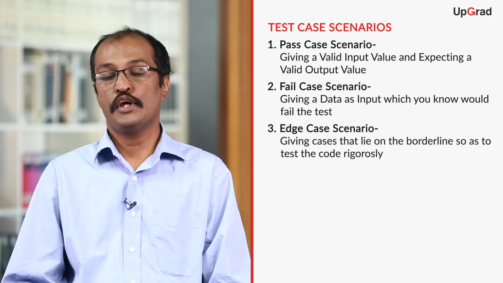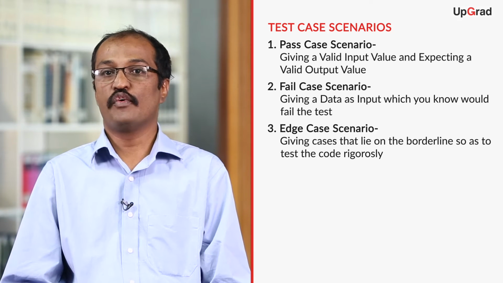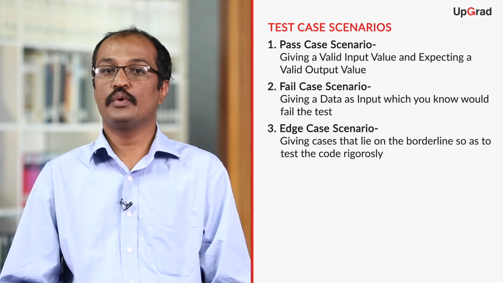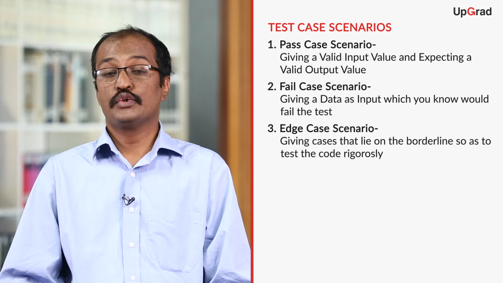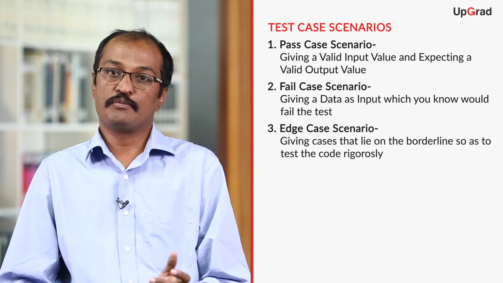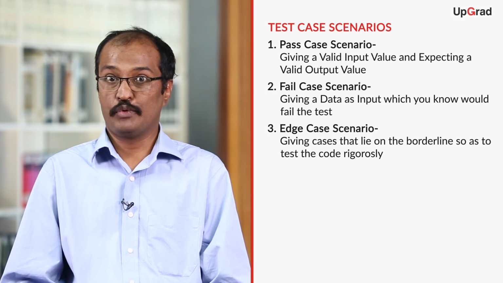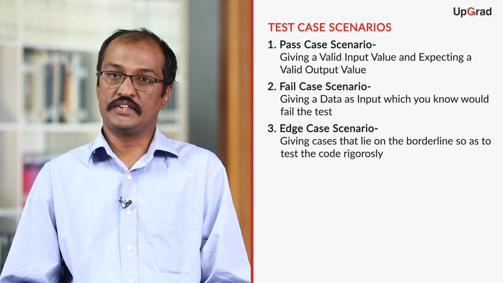In such cases, you will pass a value which will test this range. For example, if you want to test a method that uses an integer, you would try to pass the highest possible value that it can support, or the lowest possible value it can support. In this way we are testing the unit for the edge cases.